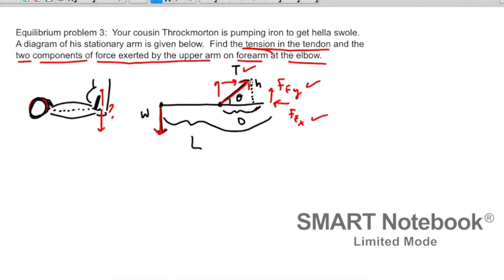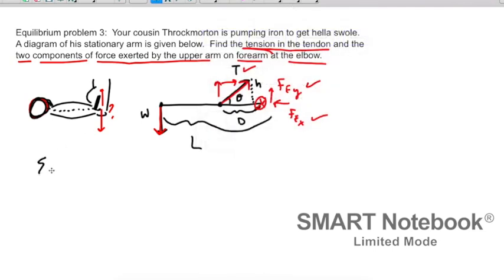Well, if I put the axis of rotation at the elbow right now, then that eliminates two unknowns and leaves me with just one unknown, which is going to be perfect for me. So if I put the axis of rotation at the elbow, then these forces that are acting at the elbow don't matter, right? They don't cause a torque.